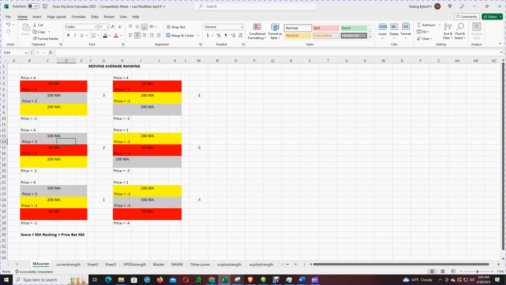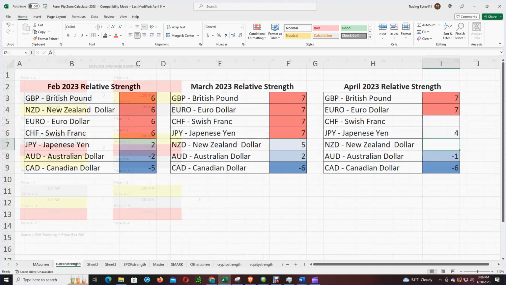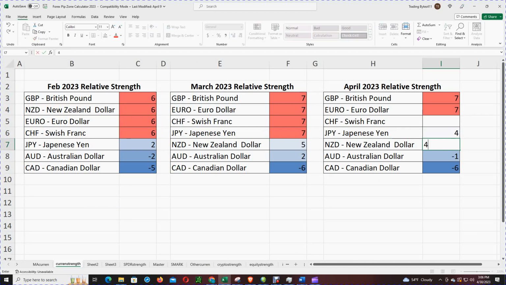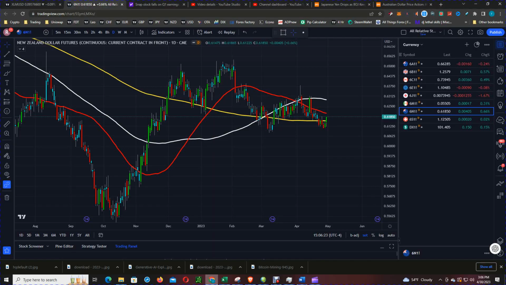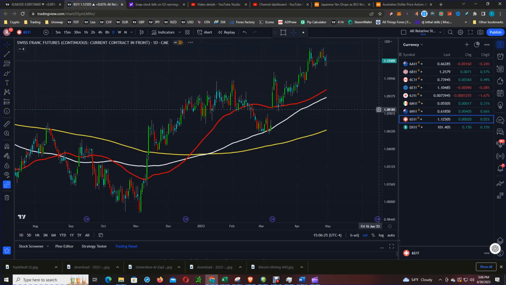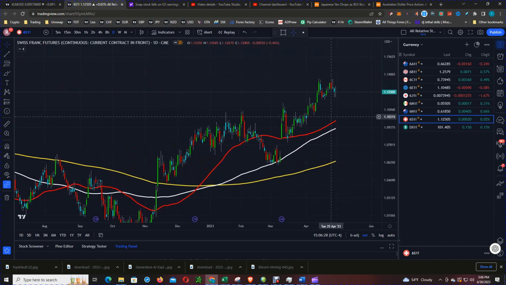So that is also a 4. Last but not least, we have the Swiss franc. And we see that price is above the 50, 100, and 200. So that is a 7.